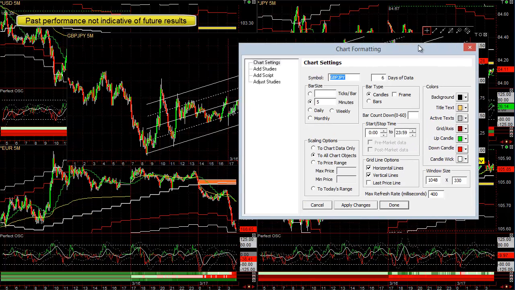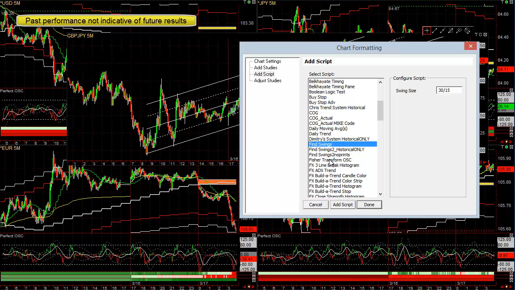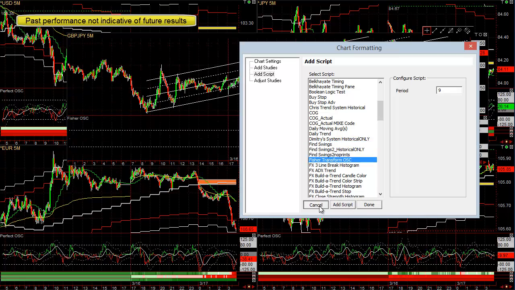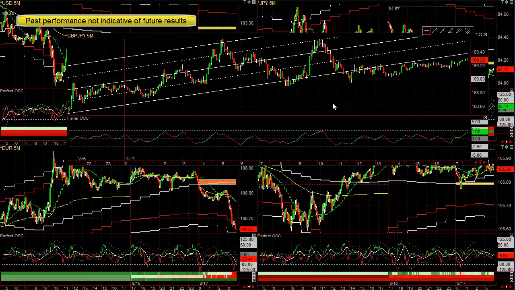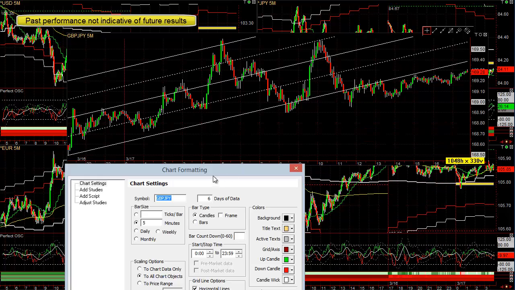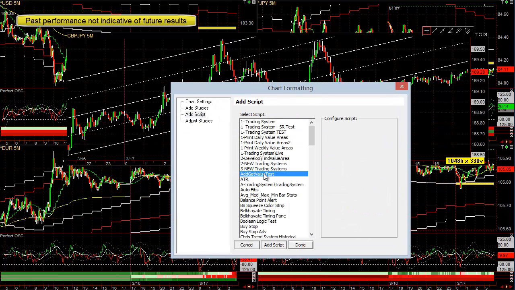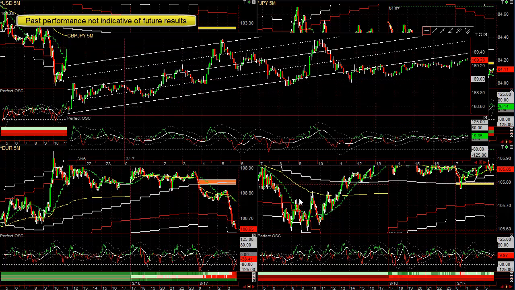One of them that many traders use is the Fisher oscillator. It does a good job of finding reversals. The perfect oscillator does too, actually. Let's put that up here. So this was at the plus 80 level, which typically is what causes reversals.